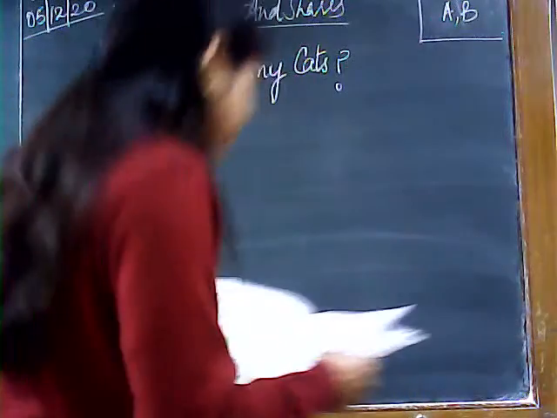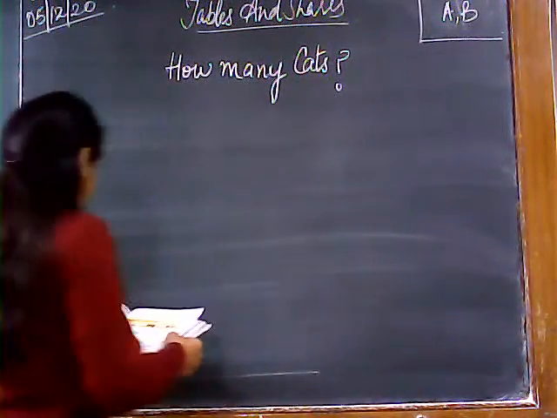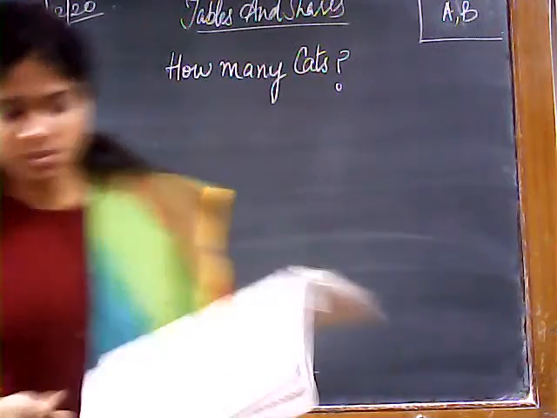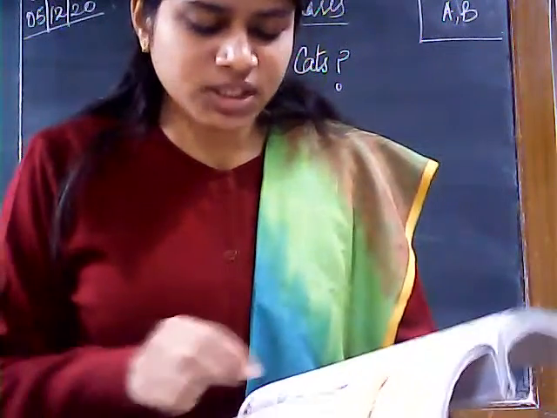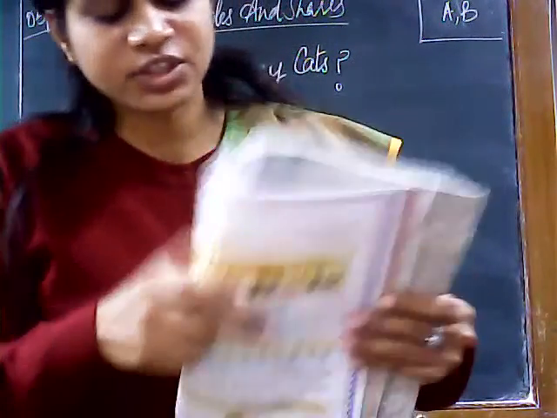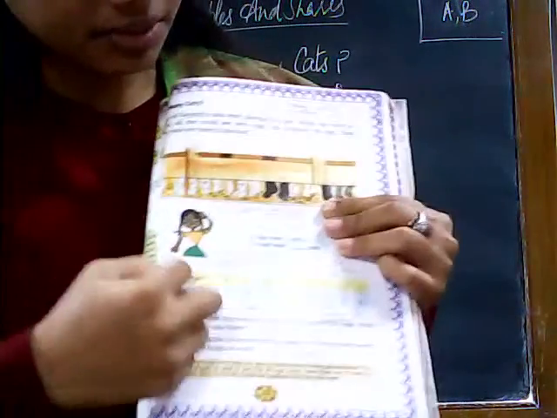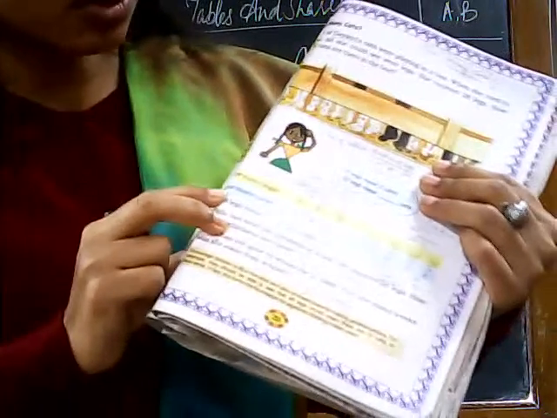So children, on page number 123, you see there is a table which has 2 rows. The first row has the question how many legs, and the second row has the question how many cats.